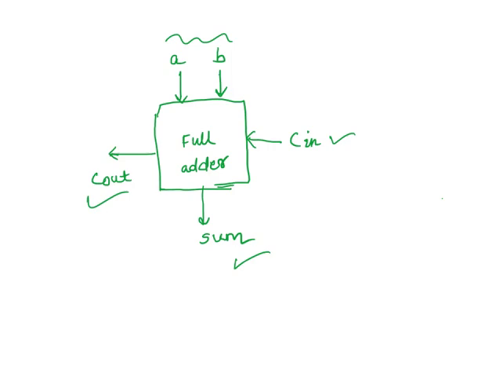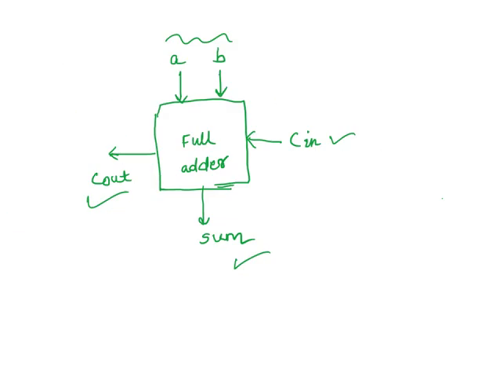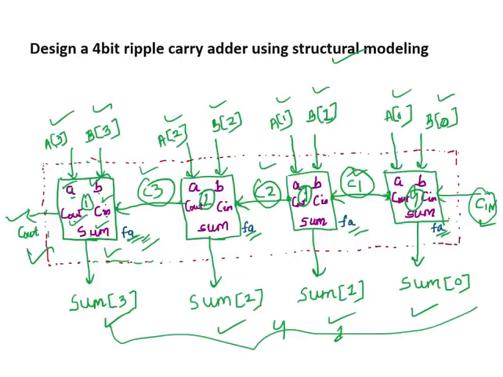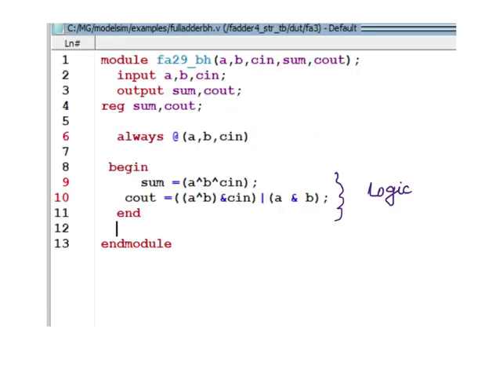Here you can see this part. So this part 4 times I can use this module. So I have to use this module 4 times, because here you can see the same module has been used 4 times. So I have to use this full adder module 4 times in my design.